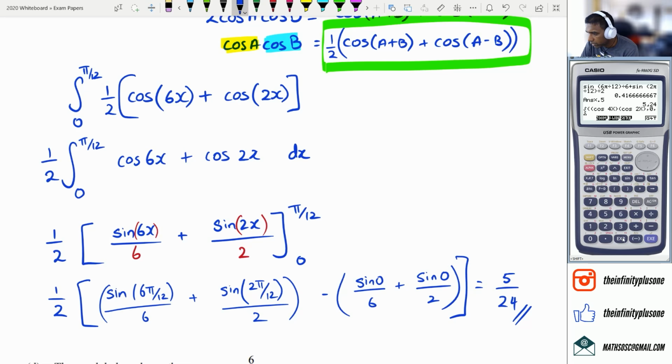Pi over 12? Yeah, pi over 12. It is not going to let me convert to a fraction, which is quite annoying, but that is still going to work out. As you can see, they're both still the same answers. So you can use that integral function to get the final answer. Yeah, so 5 over 24.